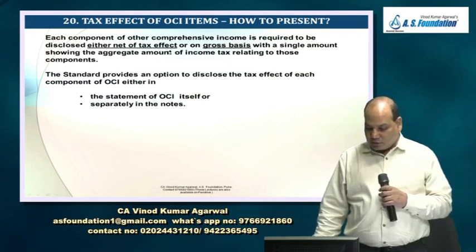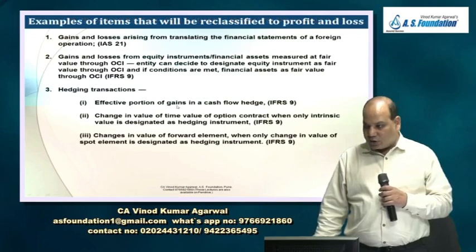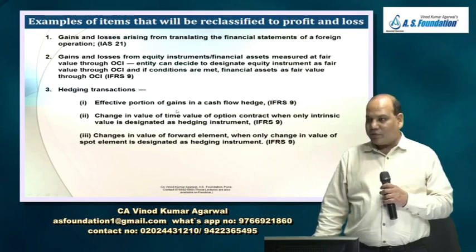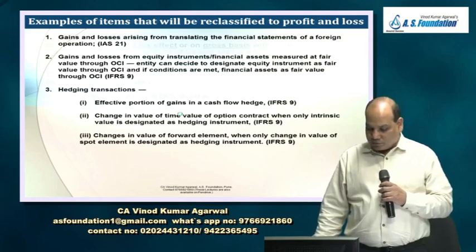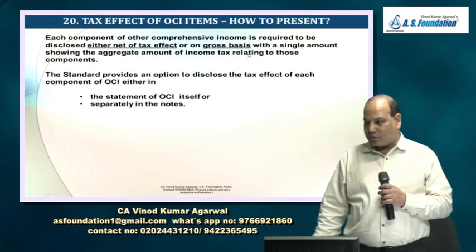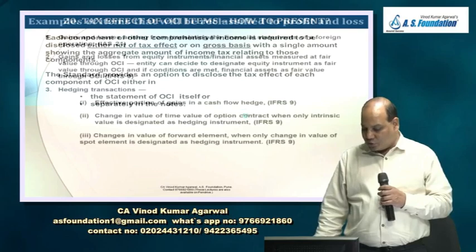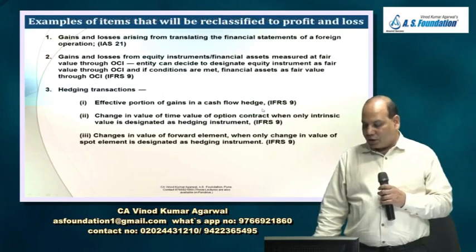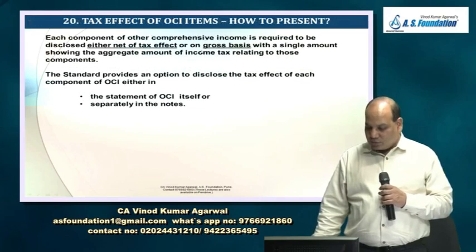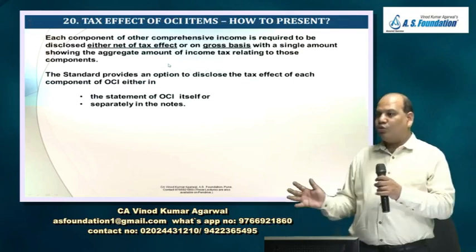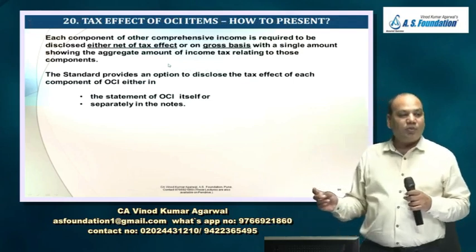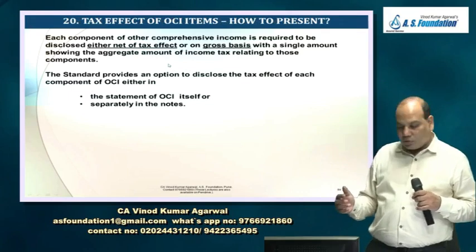Net of tax effect means, suppose this amount is 100 rupees and tax effect is 30, you can disclose 70, net of tax effect. Gross basis means you will write 100, and tax will be presented separately for all OCI items.